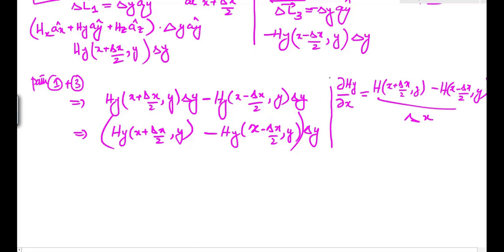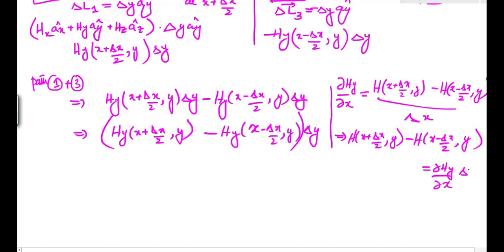This is basically the definition of the partial derivative. Now if we compare this, we can say that Hy at x plus delta x by 2, y minus Hy at x minus delta x by 2, y is equal to partial Hy by partial x into delta x.